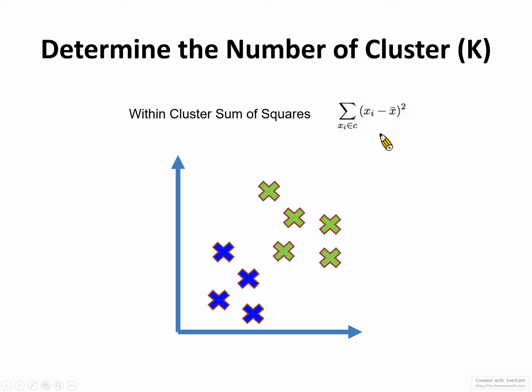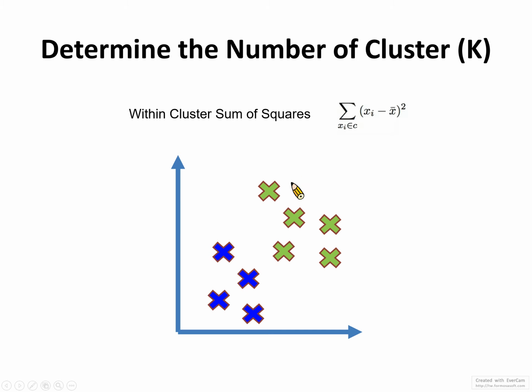So for this data, for example, if we define there is only 1 cluster, then you will find the centroid based on this only 1 cluster. And if you put the centroid here, then you can measure the distance from each data point to this centroid.